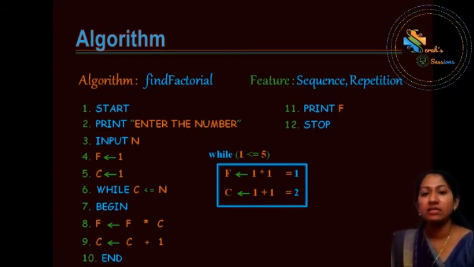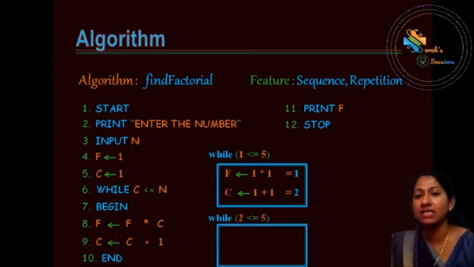So after calculating c, we can see the end statement. Now as soon as we see the end statement, the control of the algorithm as well as the program gets backtracked or redirected to line number 6 where the while statement lies. And again the while statement will execute and check to see whether the condition is true or false.